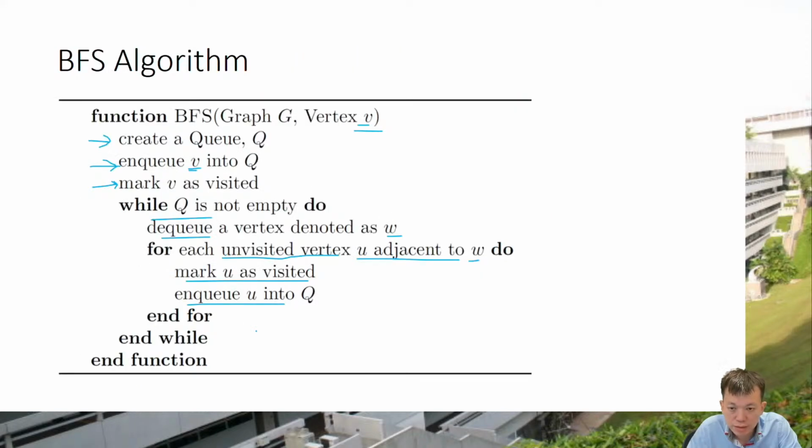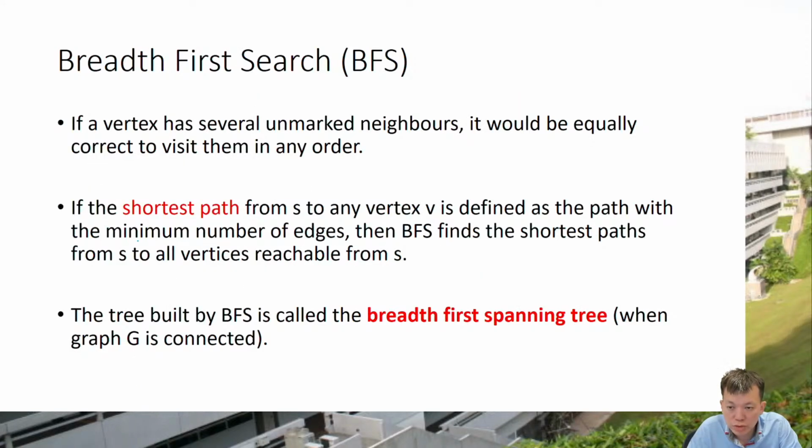So through this approach, what is the application? One of them is finding the shortest path from S to V, from the starting point to any vertex, which is the path with the minimum number of edges.